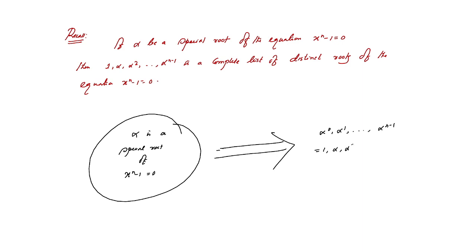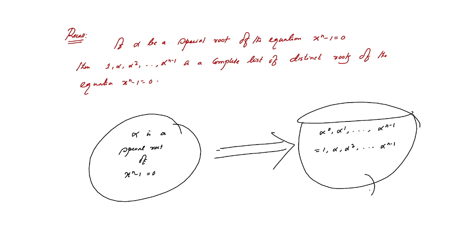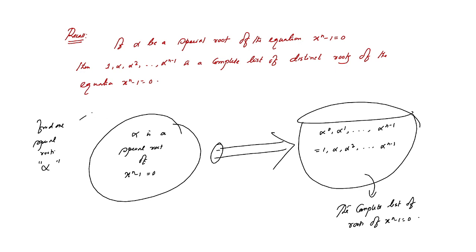That means 1, alpha, alpha square, up to alpha to the power n minus 1. This will be the complete list of roots of x to the power n minus 1 equals 0. It is so simple. You just need to find one special root, and then from that root, say alpha, you can set up the complete list of distinct roots.